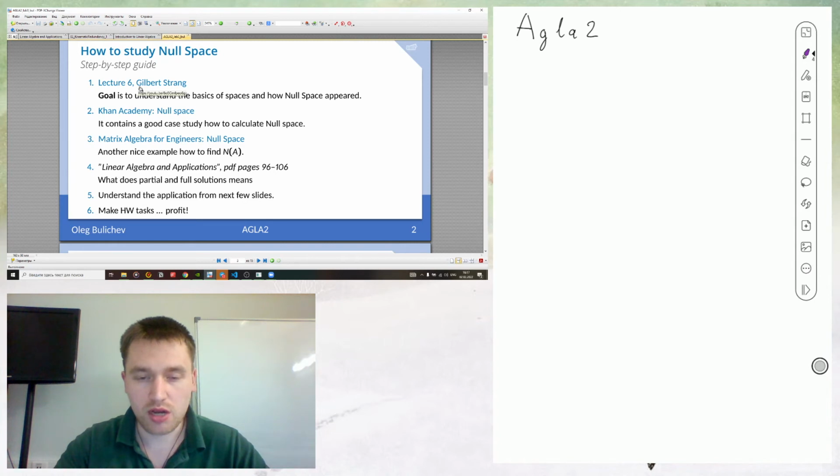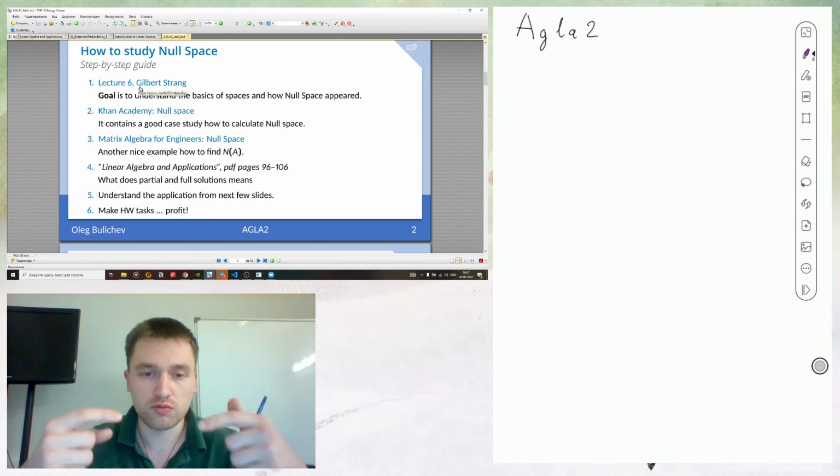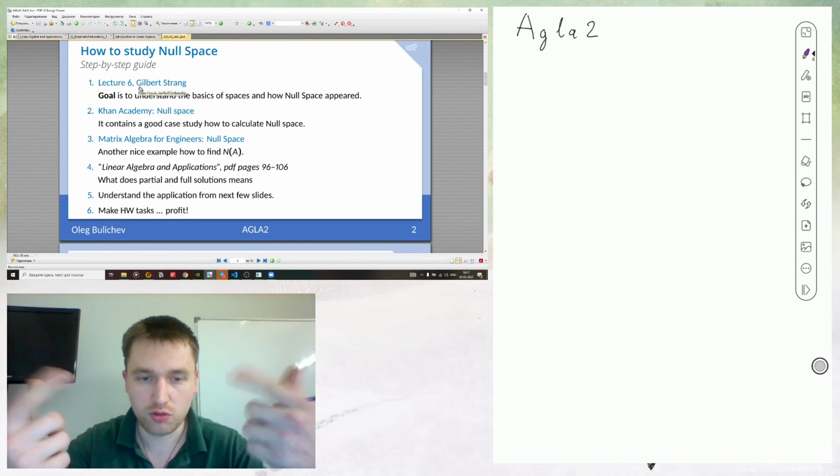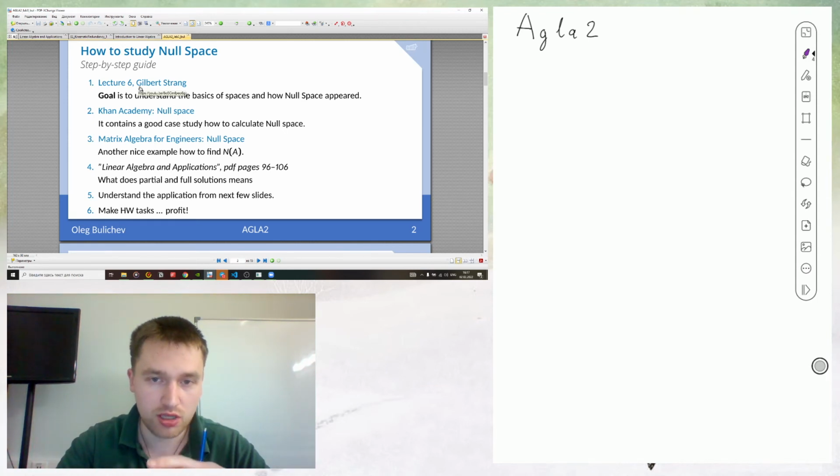When we cover all of them, you will get why we need column space, because it also has a geometrical representation and a way to handle it. Right now we are going from the bottom up, not top down. That is the reason why you cannot get why we need column space right now.